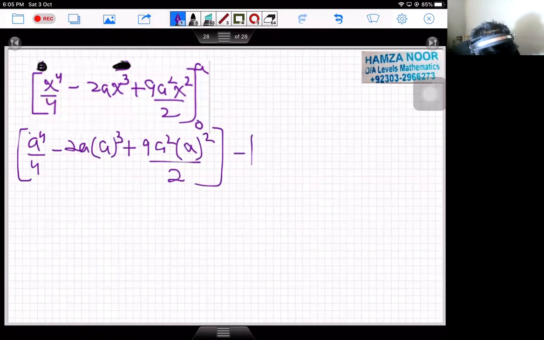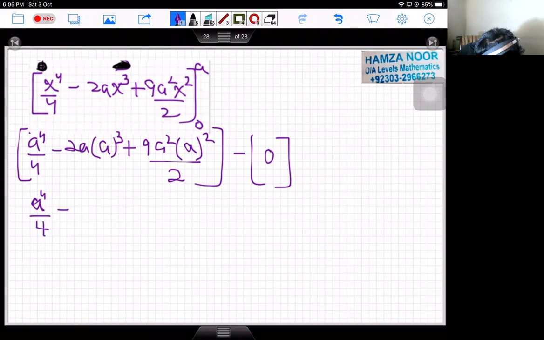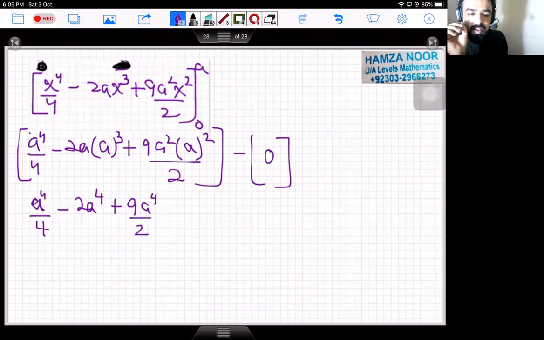So a raised to the power 4 over 4 minus 2a raised to the power 4 plus 9a raised to the power 4 over 2. So now you can see that all of the terms are in the form of a raised to the power 4, so they can be simplified.